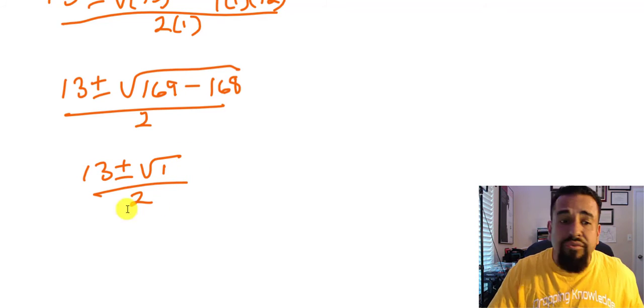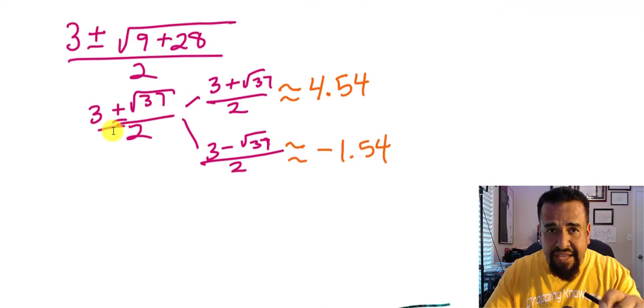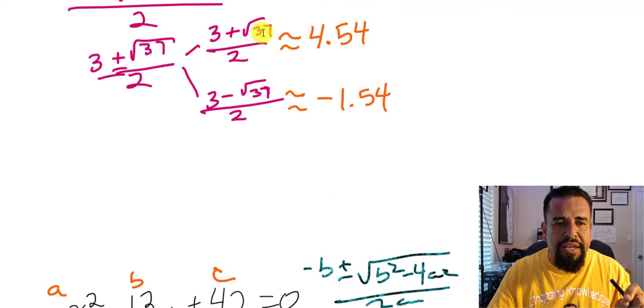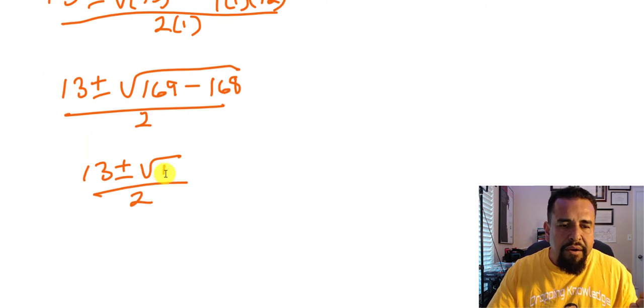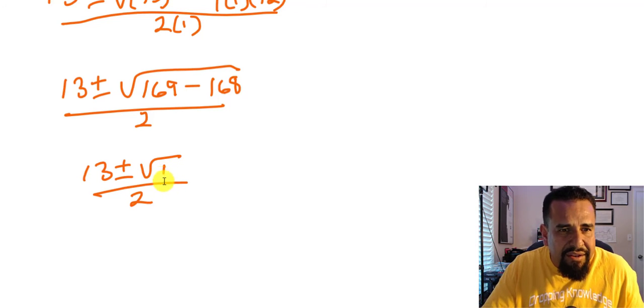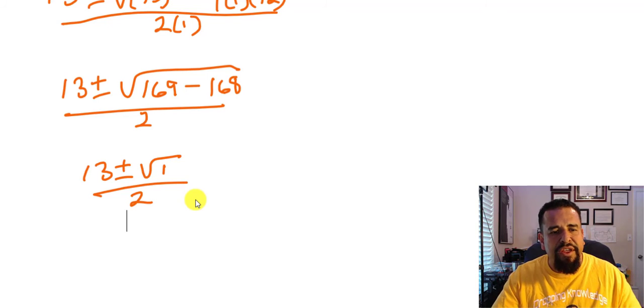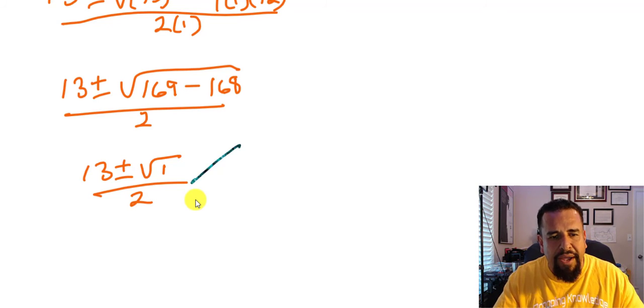Now, you do not want to leave this like this, saying, oh, but he said this is the exact answer. Yes, it's the exact answer over there, because 37 is a prime number. That's a prime number right there. This, right? What is the square root of 1? Well, it's 1, right? 1 times 1 is 1. So therefore, what I really have here is my two answers. So we're going to solve it all the way.